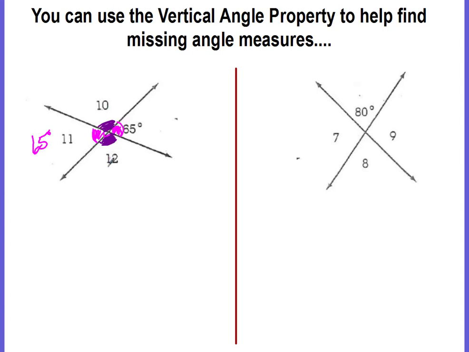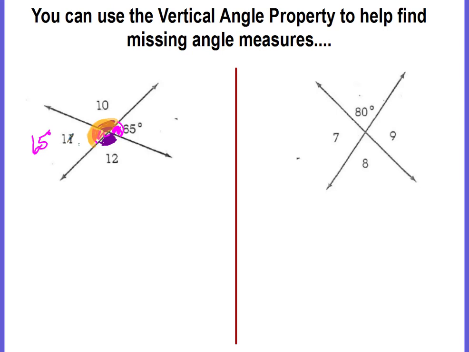But now I need to find 10 and 12, and I don't know the measure of either one of those. So I'm going to have to think about something different. If I'm looking at 10, I can see that 10 is adjacent to 11, or 10 is adjacent to the 65 degrees, whichever way you want to look at it. And I know if I combine the two angles together, it makes a straight angle that measures 180 degrees.